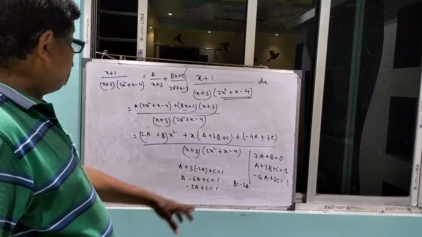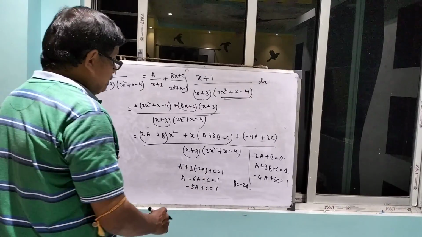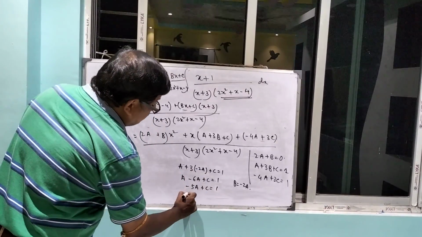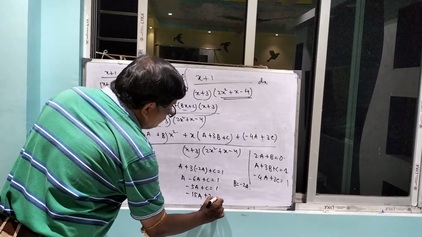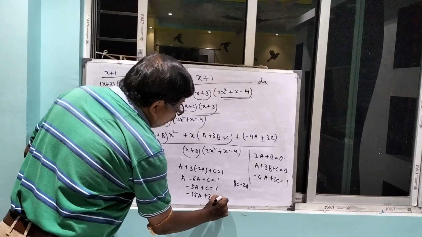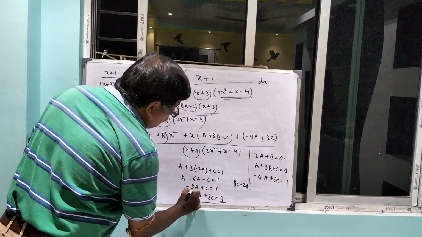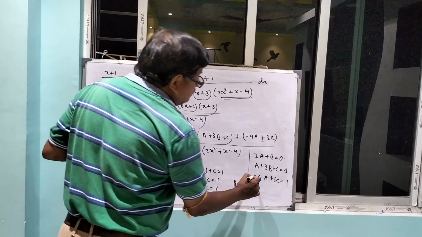And here minus 4a plus 3c equal to 1. You multiply the first by 3, that is minus 15a plus 3c equal to 3. Now these two equations you have to solve.